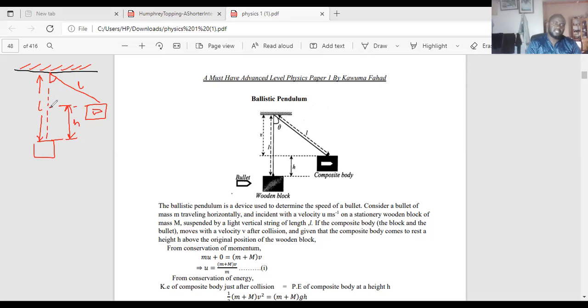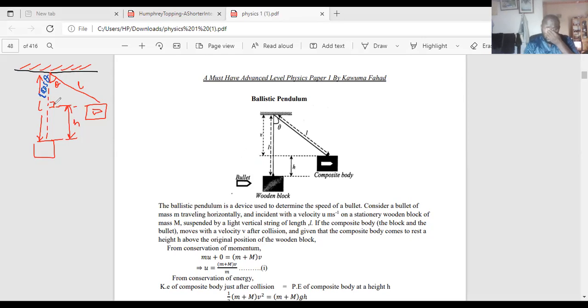So if this is theta, this is 90. Now this distance here is going to be L cos theta. When you resolve this distance, this is L cos theta.